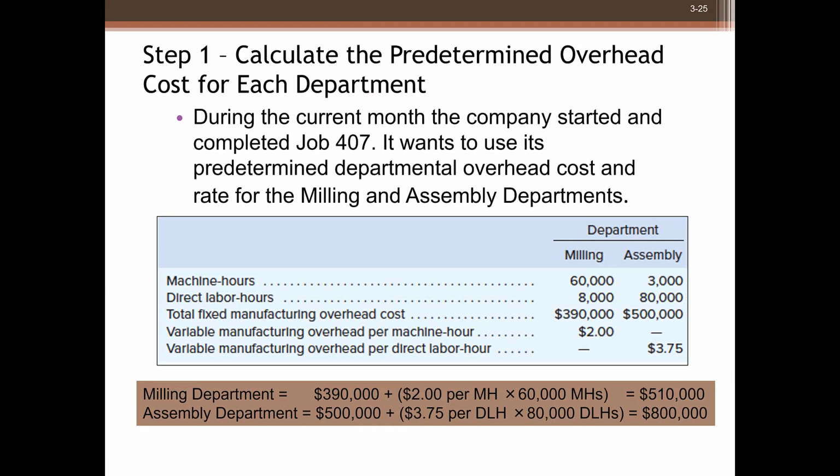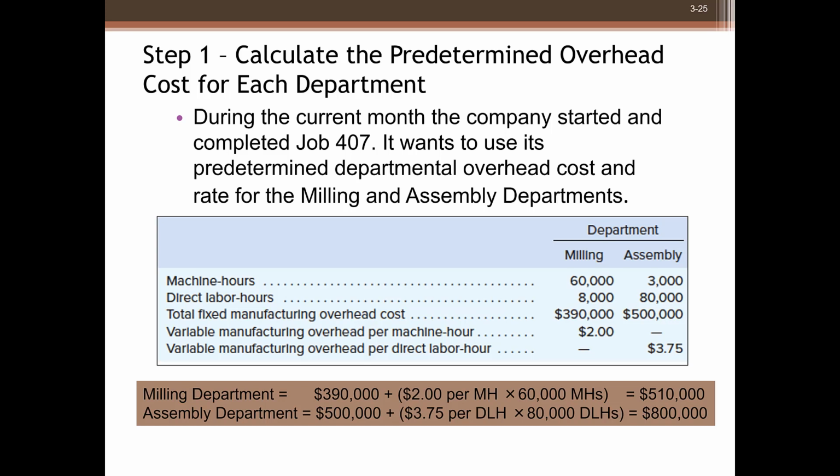Step 1. We need to calculate a predetermined overhead rate for each department. During the current month, the company started and completed job 407. It wants to use its predetermined departmental overhead rates for the milling and assembly departments. To calculate the predetermined overhead rate, we divide estimated manufacturing overhead by estimated allocation base.